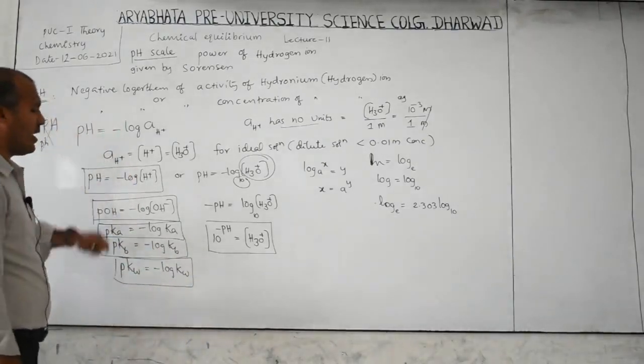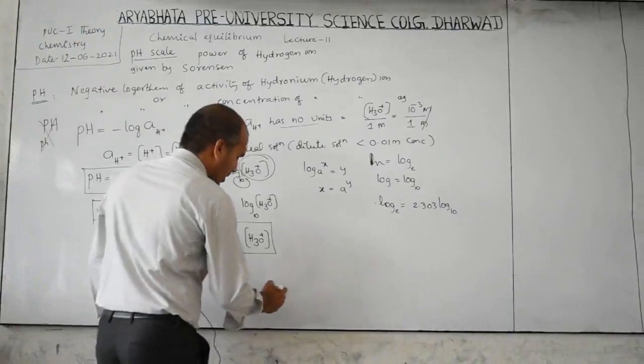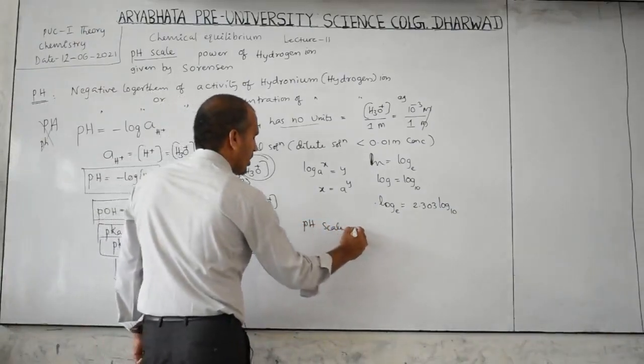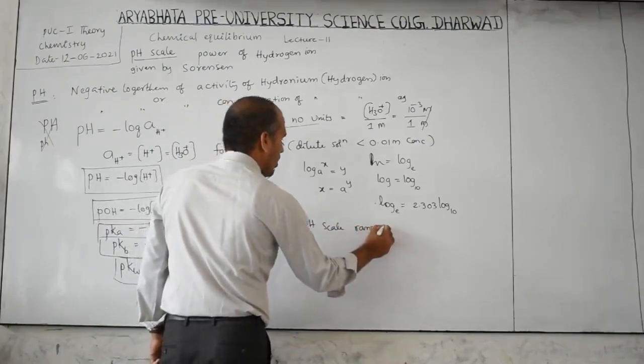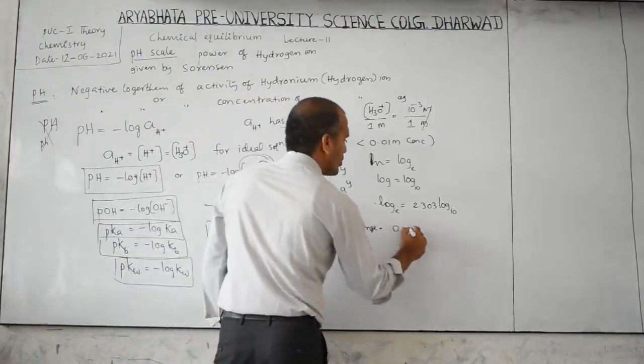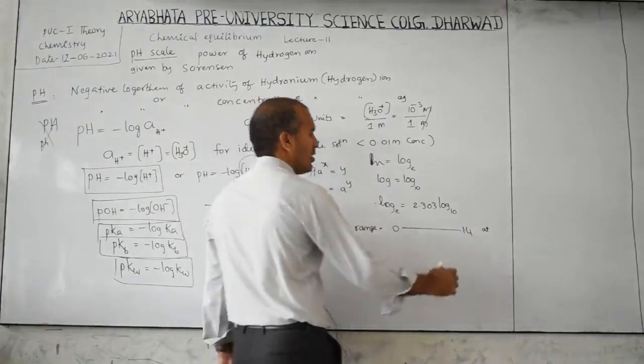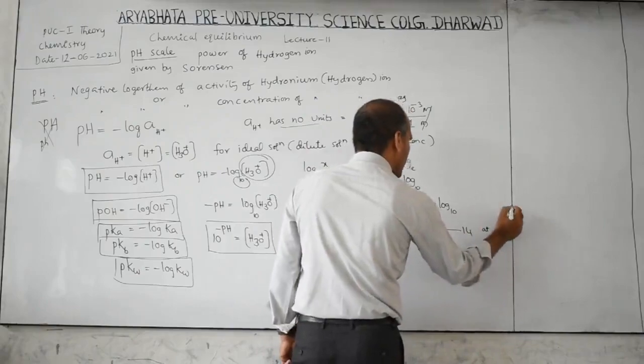Now, the pH scale. Generally, the pH scale ranges from 0 to 14 at 25 degrees Celsius.